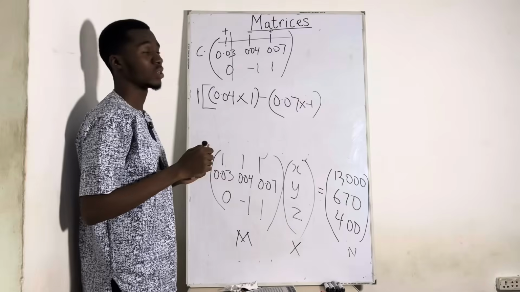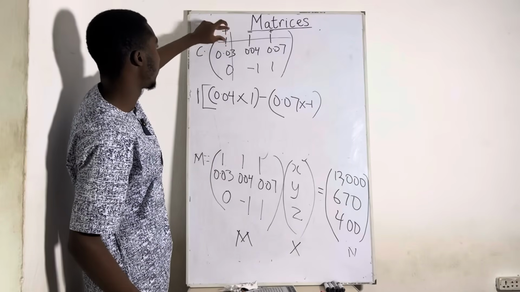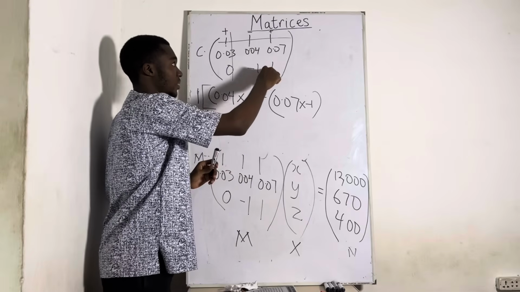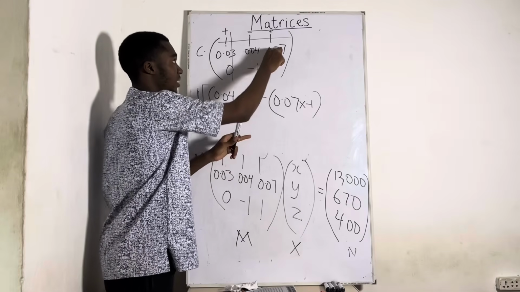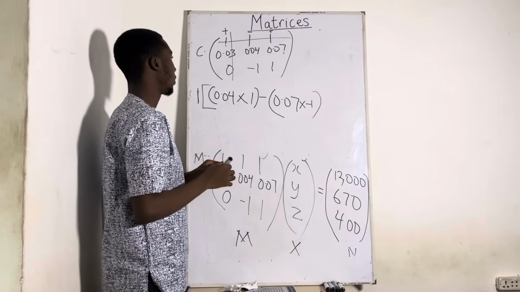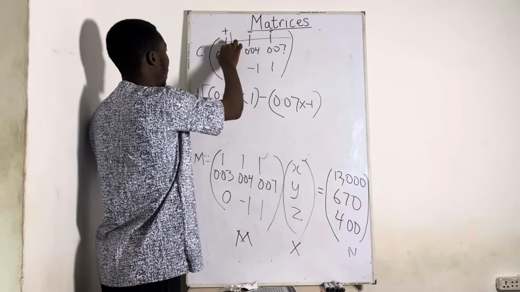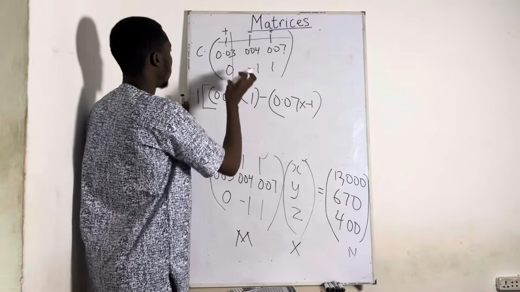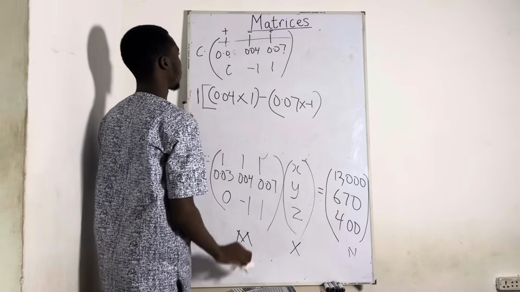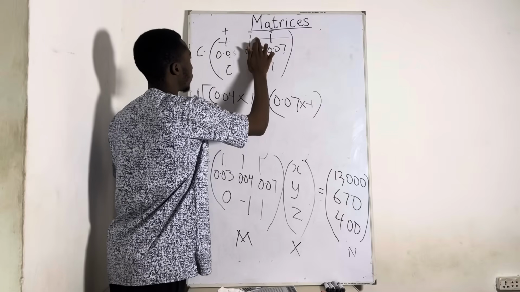I hope you get it. So always you take the first one, which is 1, then you multiply it by this times this minus this times this. Do you get it? Now, we are done with the first one, which is our positive one. So let me clean the line here so that you don't get confused.